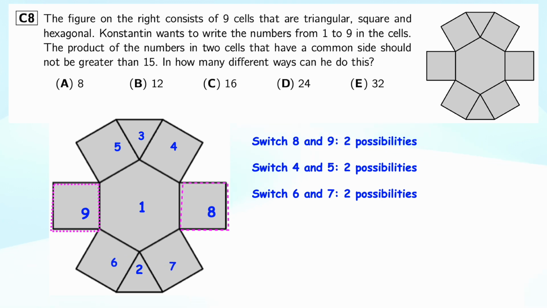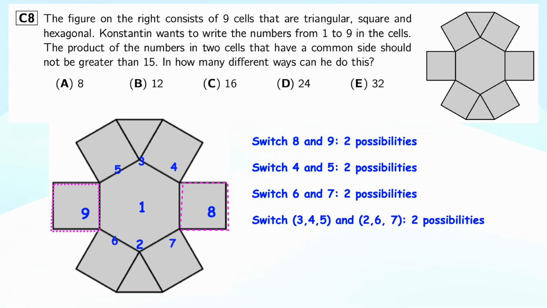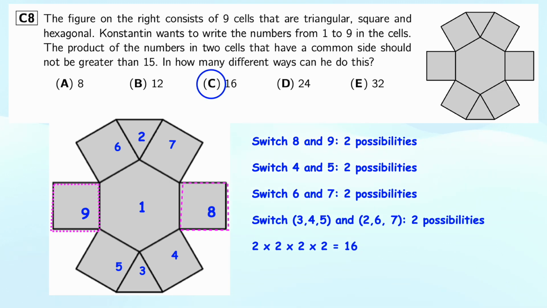Then we switch 6 and 7, and we get 2 more possibilities. And if we switch 3, 4, 5, and 6, 7 up and down, we get 2 more possibilities. So we have 2 times 2 times 2 times 2, which gives 16 possibilities. In this way, we get the answer: C.